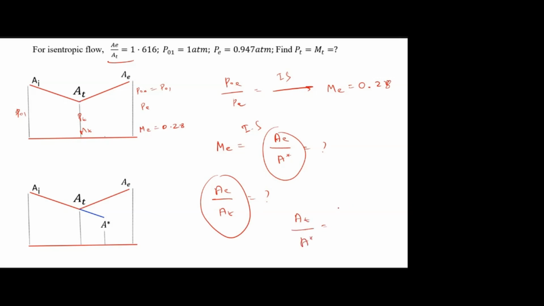Maybe I have to take it like AT by AE divided by A star by AE. So from that you will get the AT by A star ratio. Once you know that, you can go to the isentropic table. You can find the MT. Also you can find P naught by PT. So flow is isentropic, P naught is constant everywhere. From there you can find the PT. Is it clear?